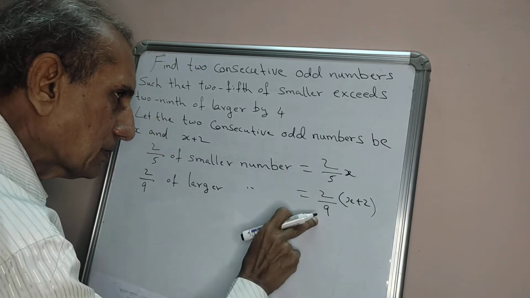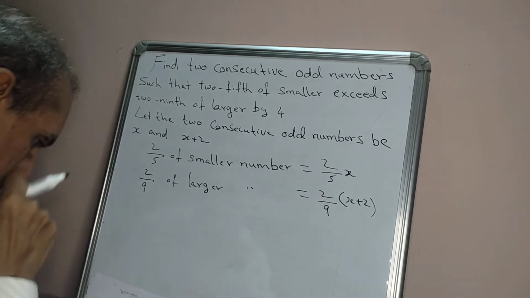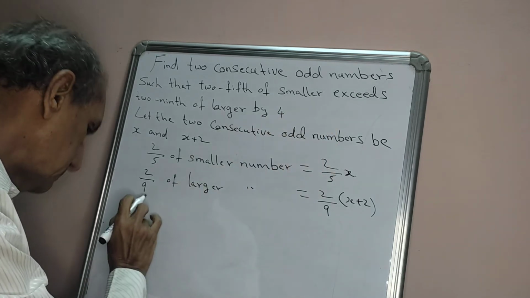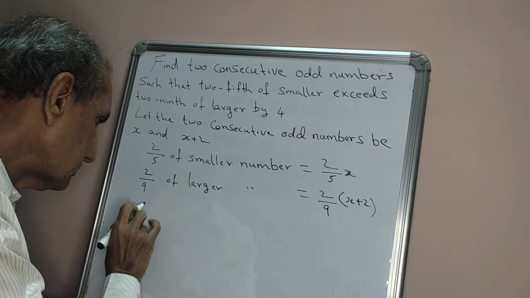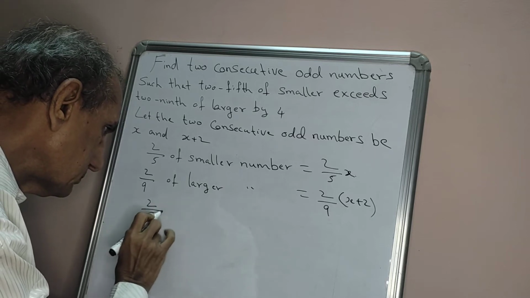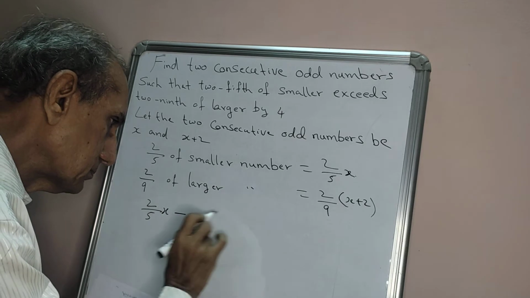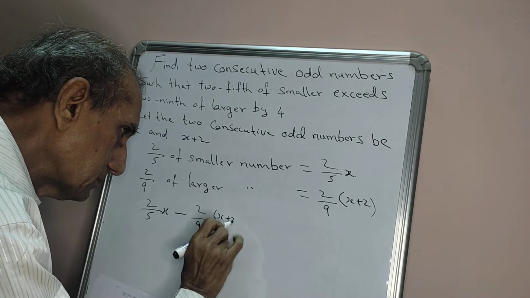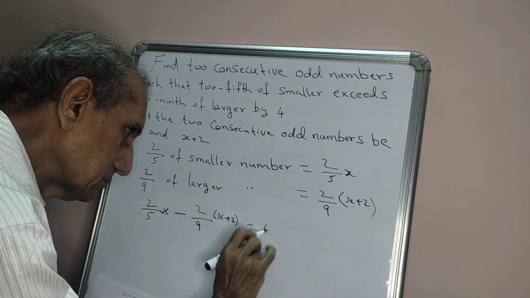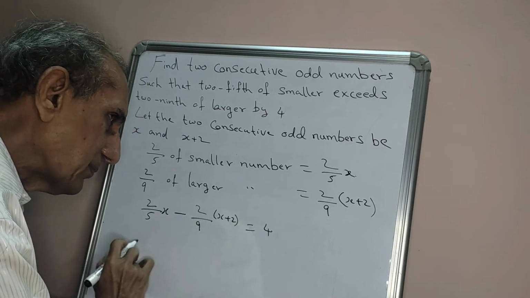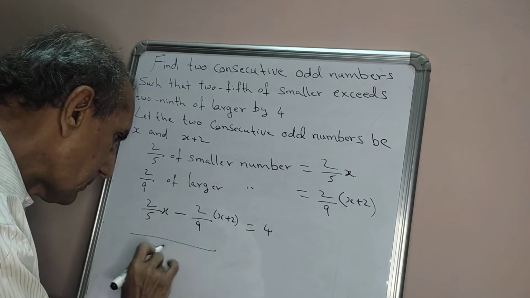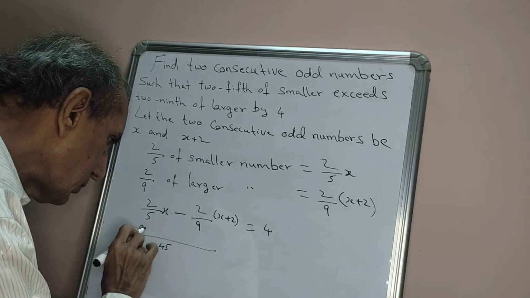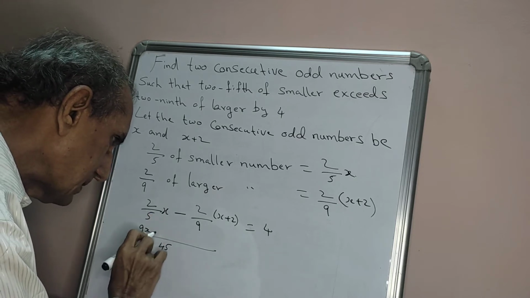If I subtract these both, what do I get? 4. If I take the LCM, it would be 45. You know how to take the LCM and how to add these things, right?